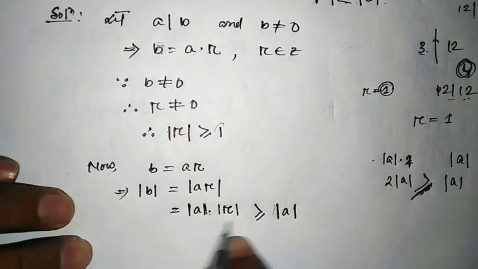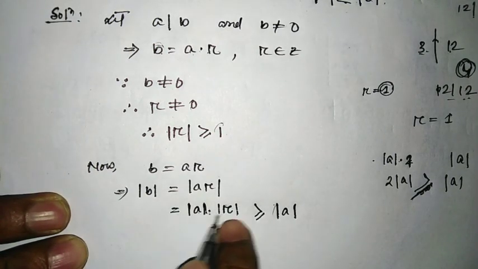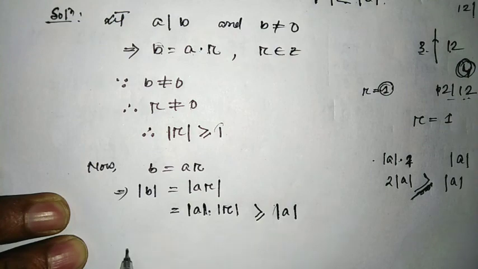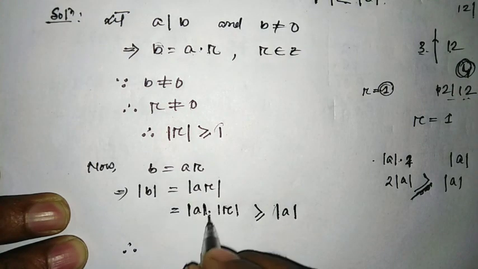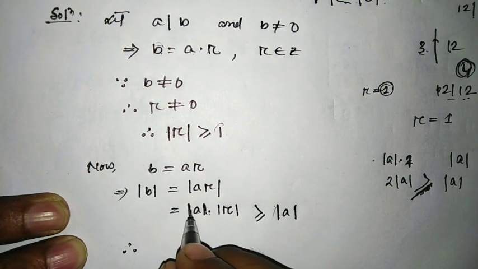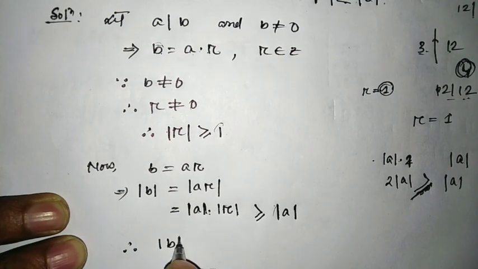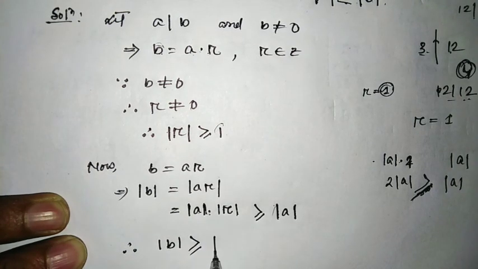Yes, because here 2 modulus A is there, and here only modulus of A is there. So it is greater. When R takes the value 1, then in that case it will be equal.